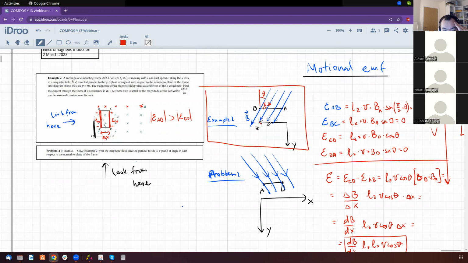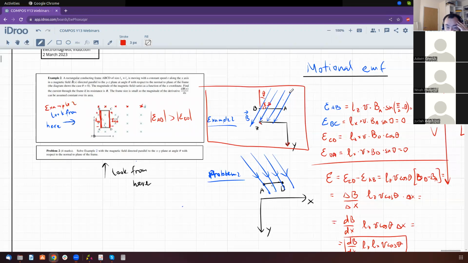So this is the z-axis and this is the y-axis. So here they are. The axes are here, just to make sense of what is what. So this is a three-dimensional situation. So if we're looking from here, that's example 2.